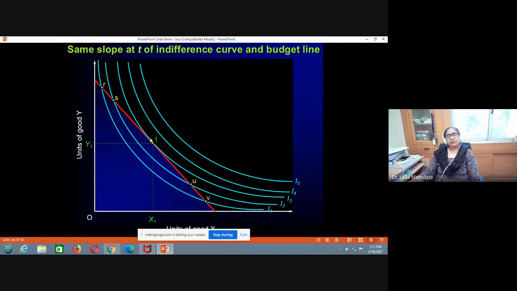Let me give an example. Let us say I like dosha over upma. And the price of both is the same, maybe 20 rupees per dosha and 20 rupees per plate of upma. Now I am spending the same amount of money, that is 20 rupees.